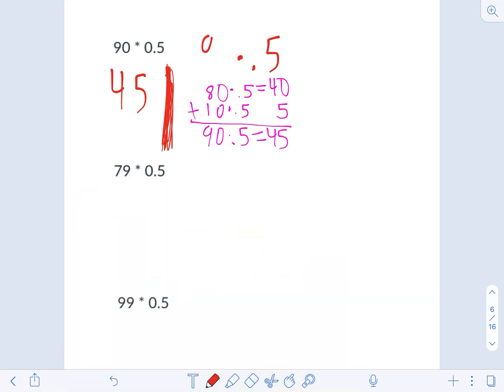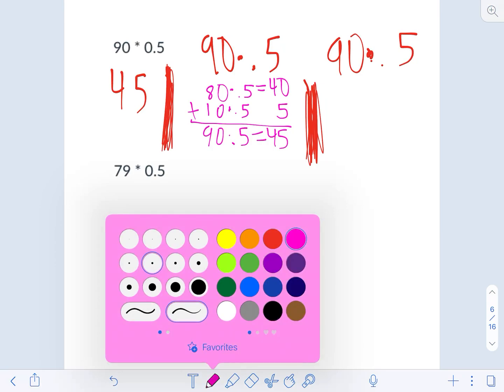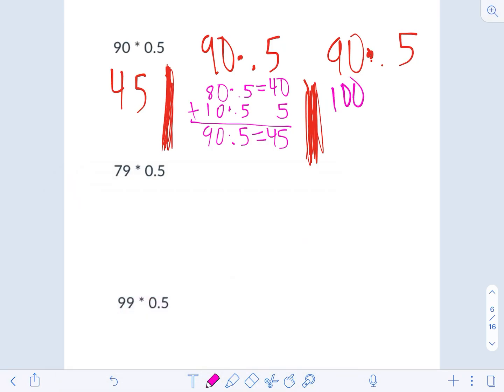So, now let's say you're cool with subtraction. Maybe you're like, Mr. Schneider, 90 is super duper close to 100. Okay, 90 times, we'll write that there. So if 90 is super close to 100, we just do 100 times 0.5. What's half of 100? Well, that's 50.